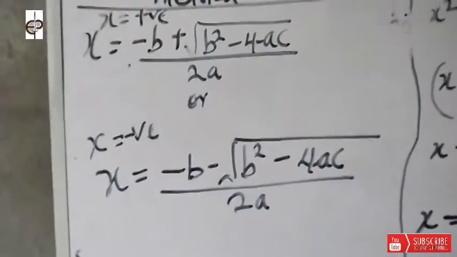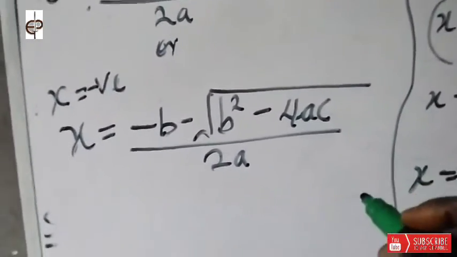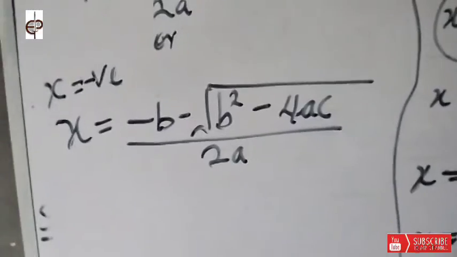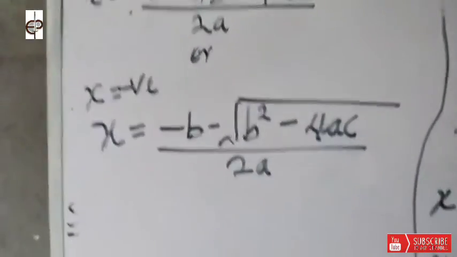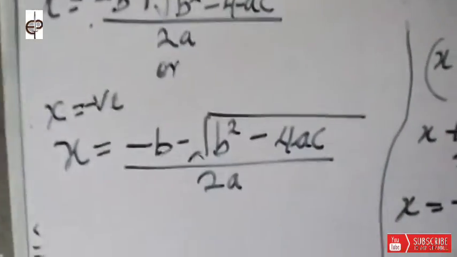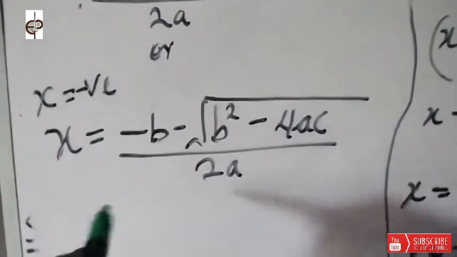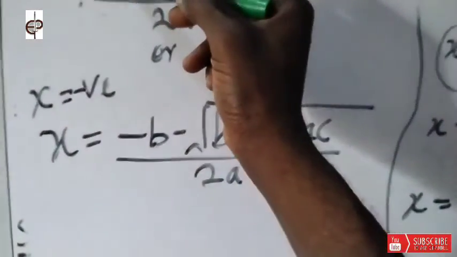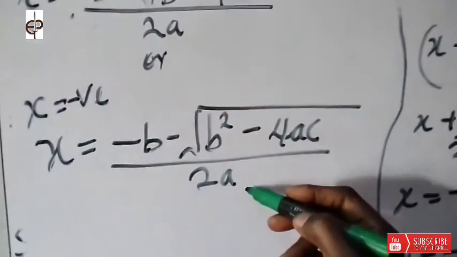Now, using the completing the square method, we have derived a formula which is popularly called the almighty formula for solving quadratic equations. So irrespective of the question, using this approach, you are going to get the value of x for the positive and for the negative root.